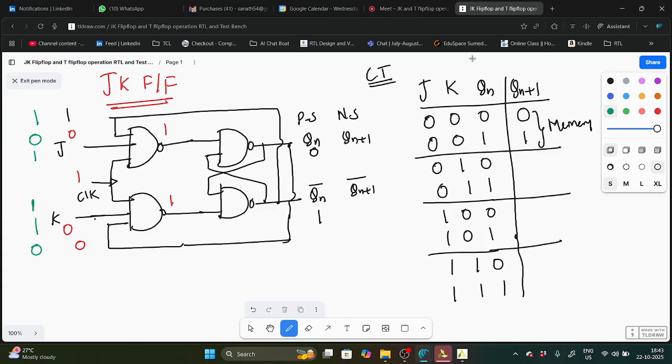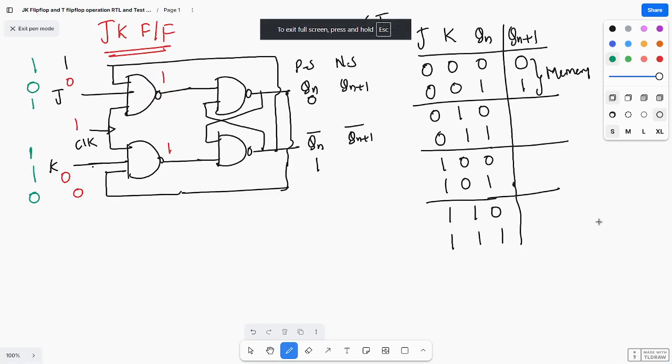So if you see this, J equal to 0, K equal to 1, no? Okay, K equal to 1, 0 1. So first case we will see. First case, when Qn equal to 0, what is that case you are getting? That means you are getting the memory state only. So the 1 1 means what? Here you are getting 1 and here also you are getting 1. So that means you are getting memory state only.